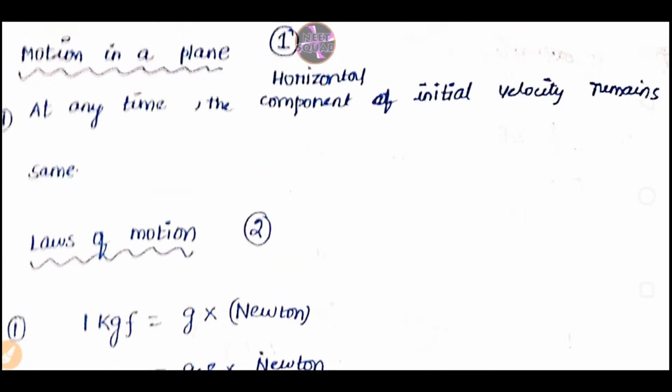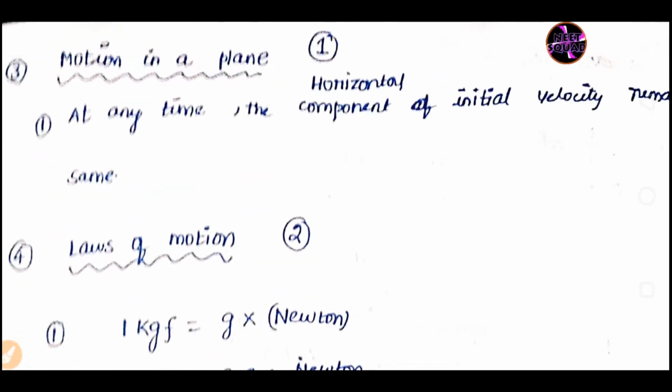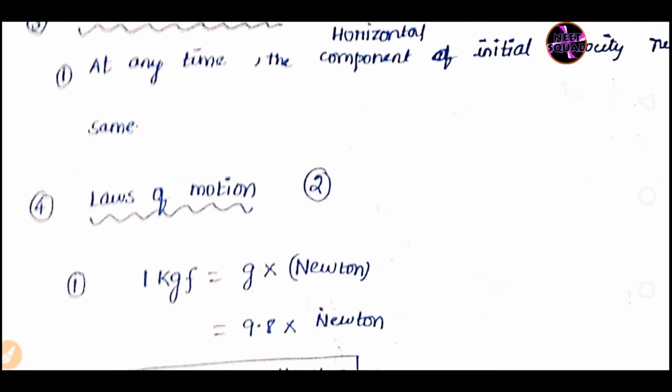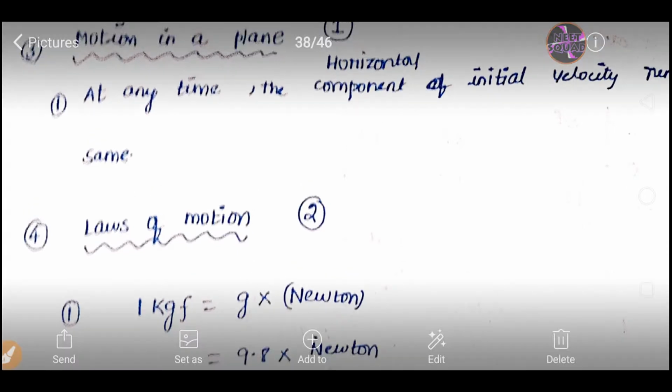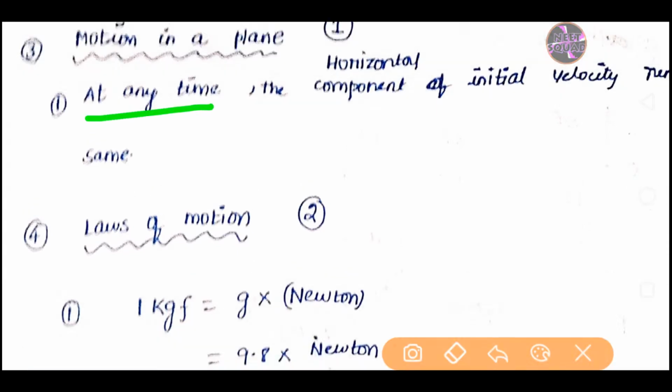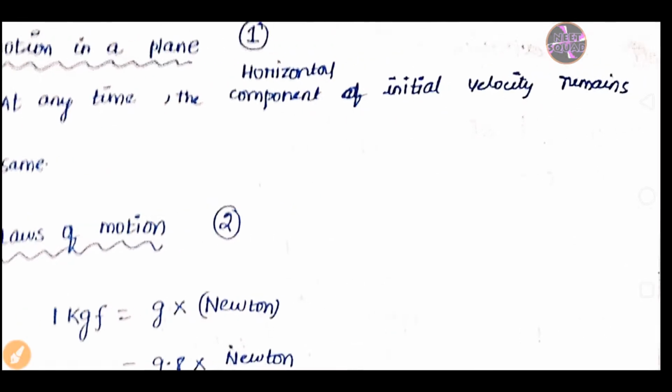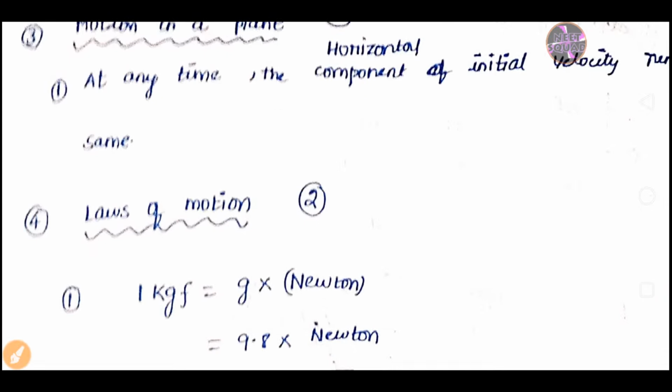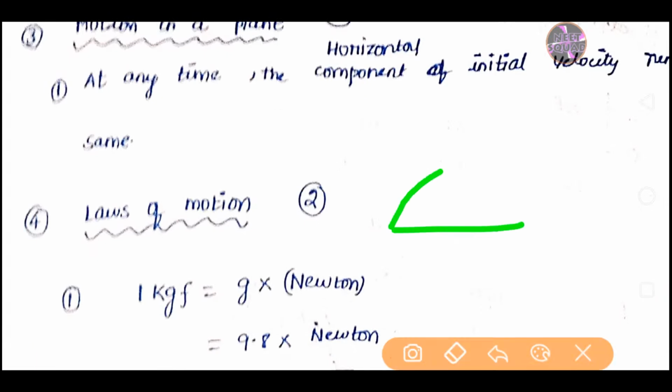Now motion in a plane. So one question, you should know this basic concept. At any time the horizontal component of the velocity remains the same. It is moving initially with the velocity u at angle theta. What is the horizontal component here? u cos theta.